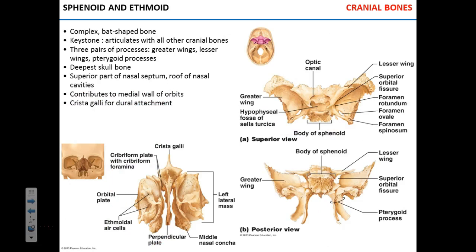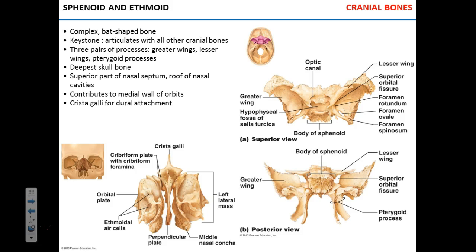Two more bones that form the cranium are sphenoid and ethmoid. The sphenoid bone, shown here, is sometimes referred to as bat-shaped. I prefer to say it's the butterfly-shaped bone.